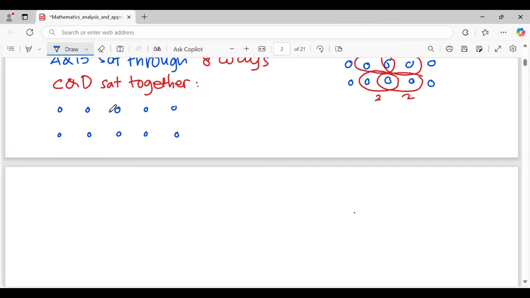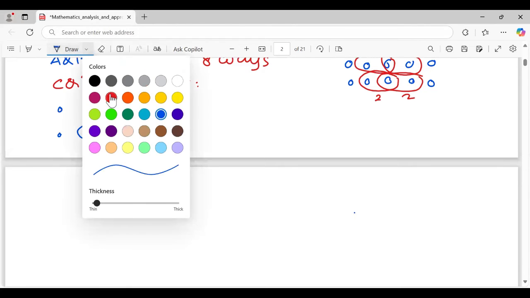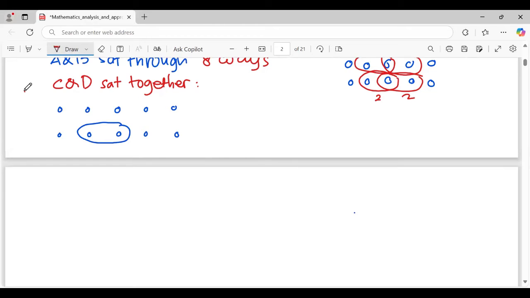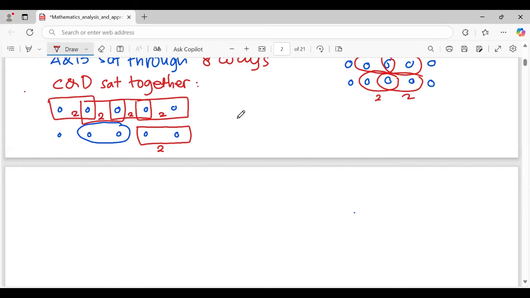If Alvin and Bobby sat here, C and D sat together on this position with two possibilities, on this position also two, and so on: 1, 2, 3, 4, 5.